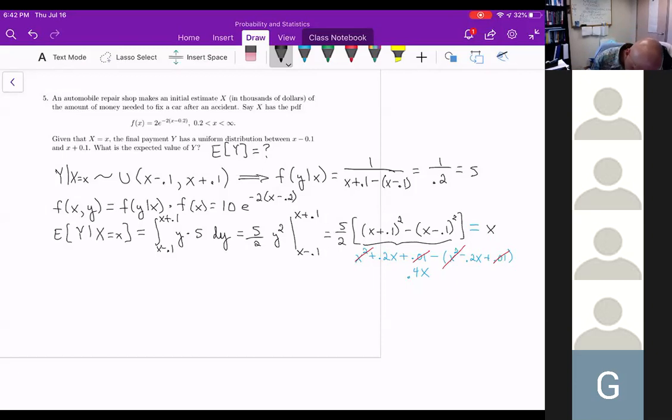So we know that according to the property, the expected value of y is the expected value of that conditional mean, and we just found that that conditional mean is x.